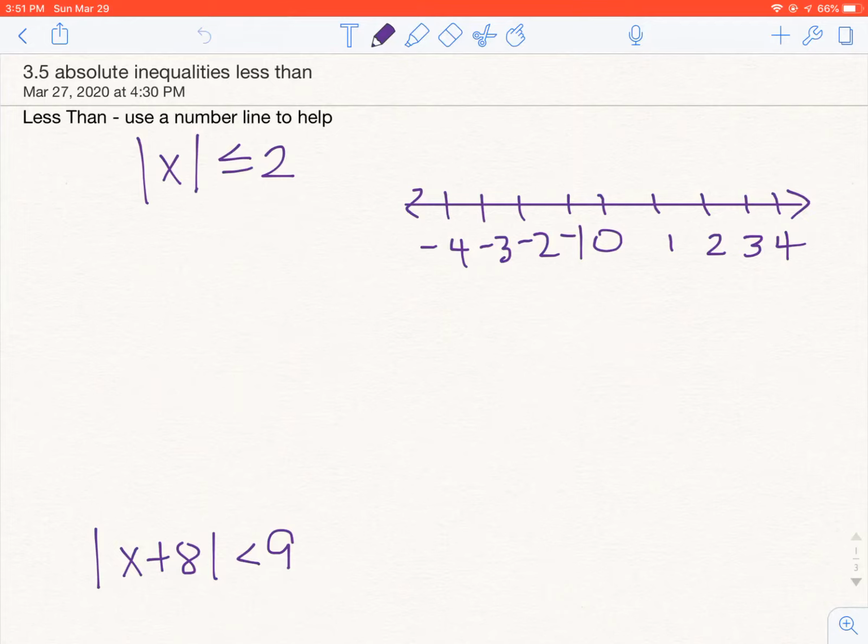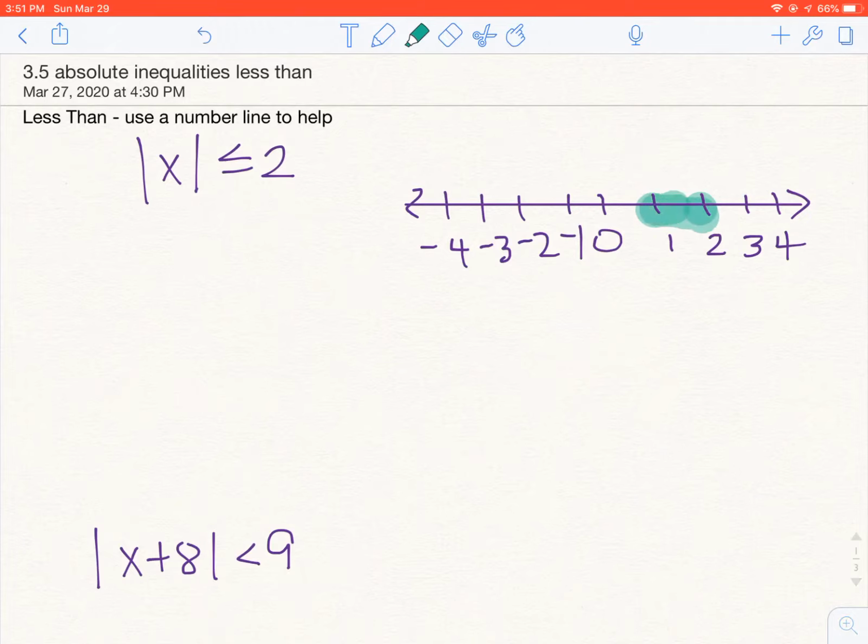So I know it's got to be less than 2, so I start looking at the numbers and I say, does the number 4 work? Is the absolute value of 4 less than 2? And the answer is no. Does 3 work? The answer is no. Does 2 work? Yes. And does 1 work?